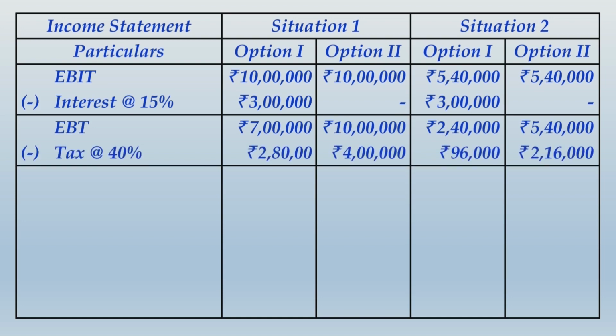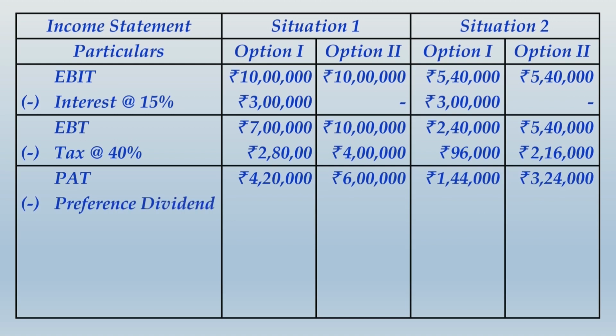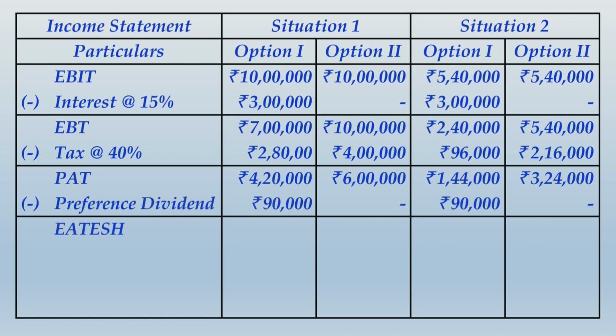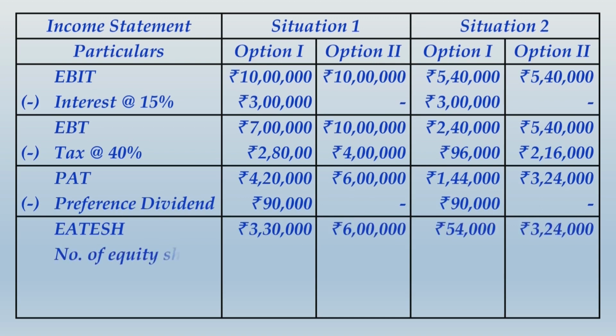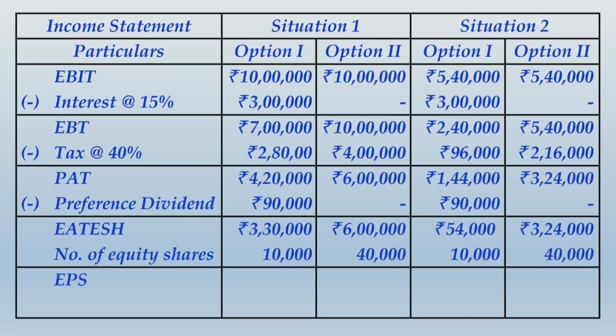The amount of tax obviously changes with the level of profits. We get profit after tax. From that you subtract preference dividend, which will happen only in option 1. What we get is earnings available to equity shareholders. Dividing it by number of equity shares, you will be getting EPS.